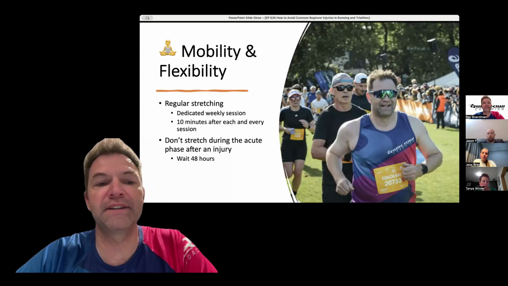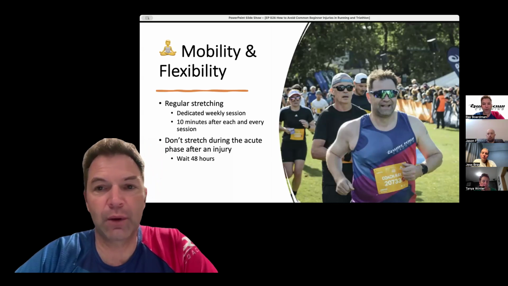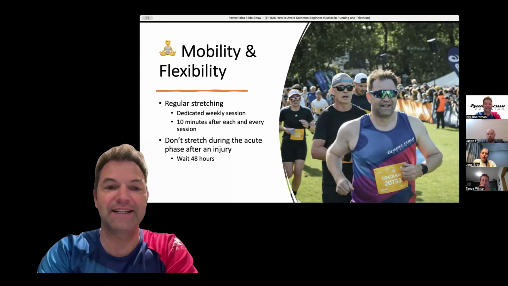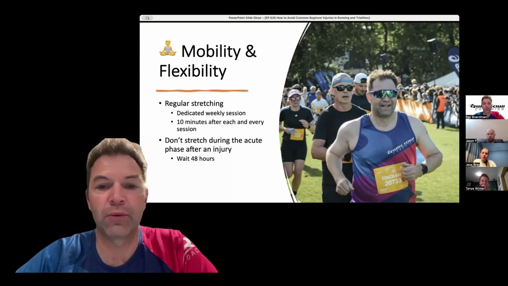Mobility and flexibility is important. Regular stretching will help keep you injury-free. I recommend a minimum of 10 minutes after each and every session, as well as having a dedicated weekly session of a little bit longer.